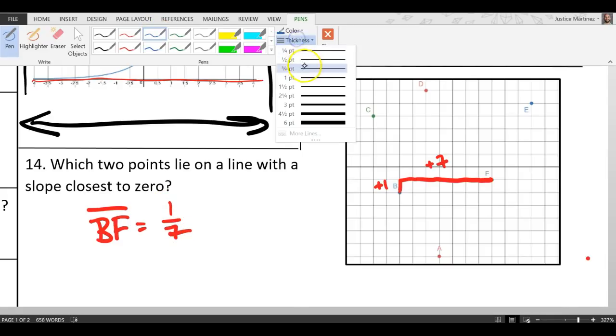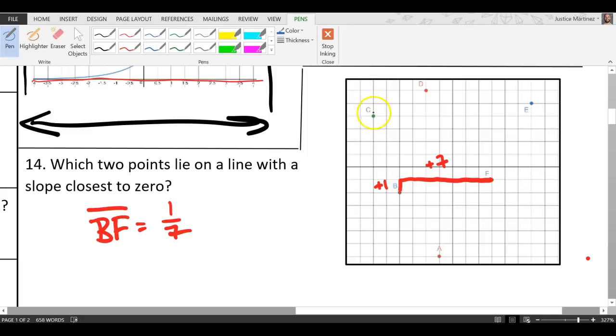I don't really like that though, because line CE is 1 over 1, 2, 3, 4, 5, 6, 7, 8, 9, 10, 11, 12. Line CE is 1 over 12. 1 over 12 is much closer to 0 than 1 over 7. Therefore, that is the correct answer.